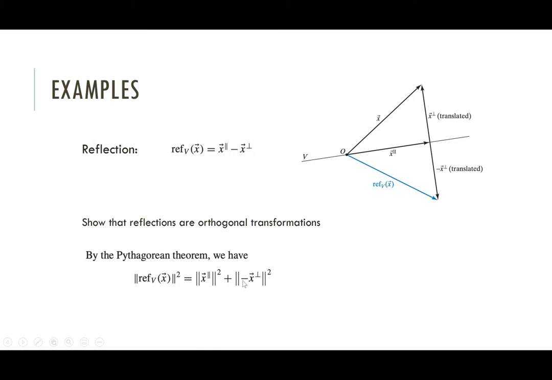And then notice the length of negative x perp is going to be the same as the length of x perp. So we haven't done much to change things there. But then these are the legs of the right triangle where x is the hypotenuse. So by the Pythagorean theorem again, we get that these two squared equal the length of x squared. And so indeed, the length of the reflection squared is the length of x squared. Reflection didn't change the length.